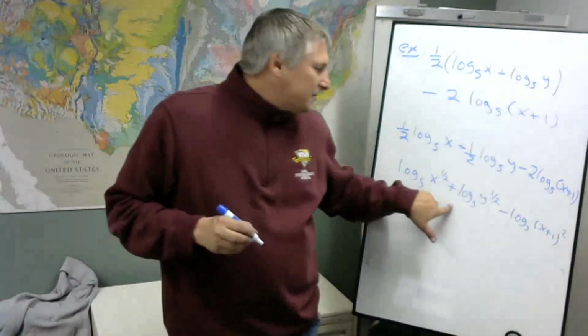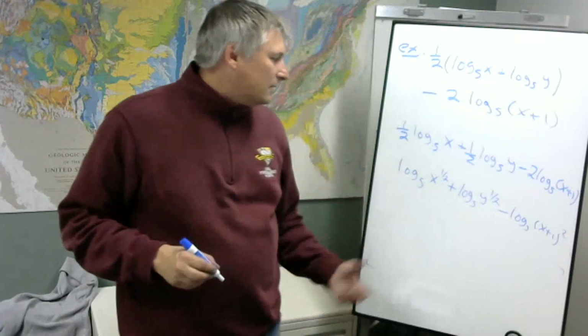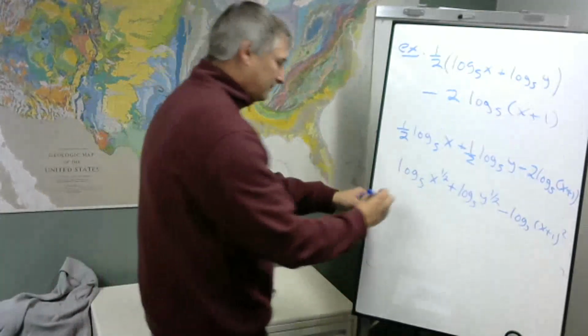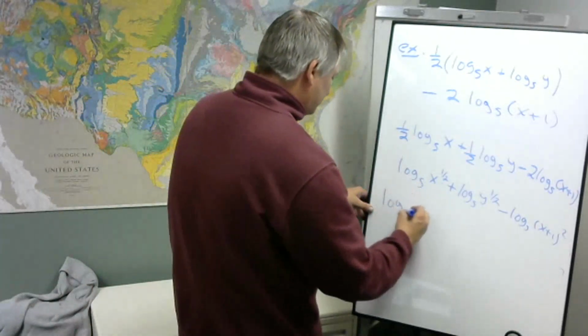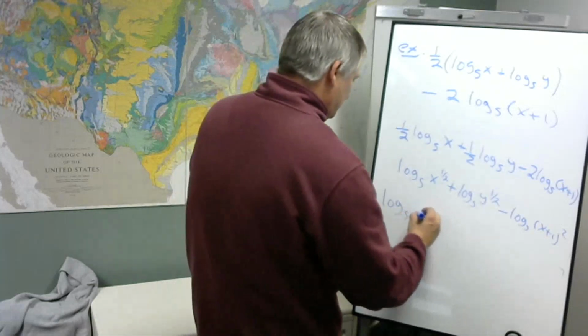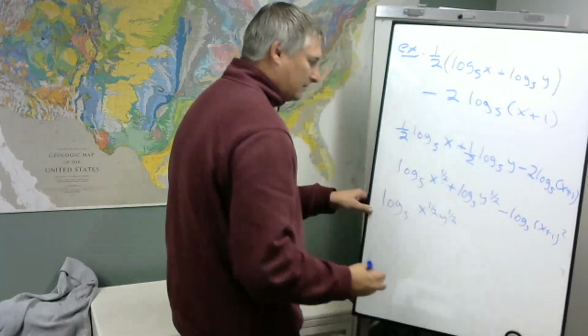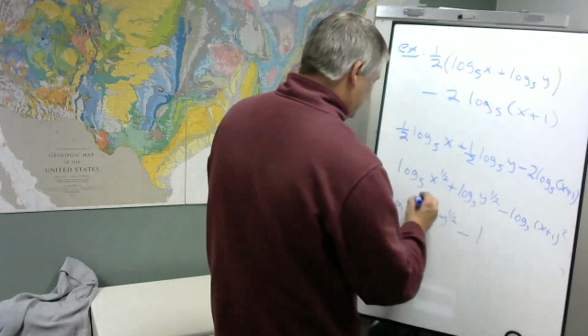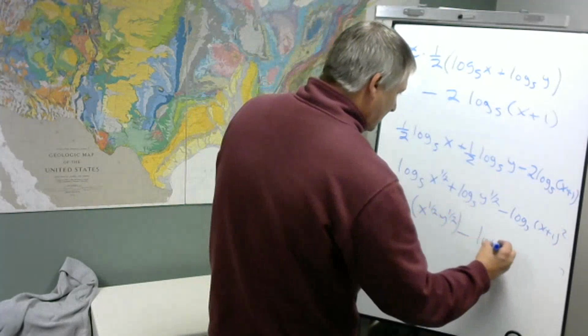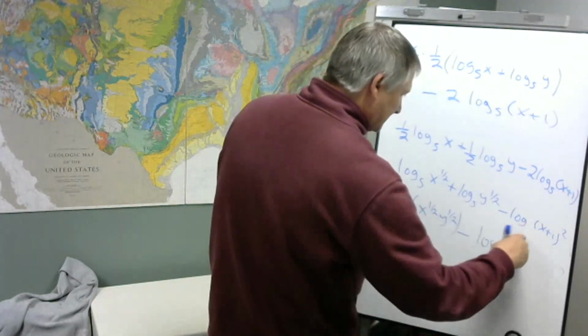Well, let's take care of this sum. With this sum, that means multiplication. So the log base 5 will now contain x to the 1/2, y to the 1/2, minus log base 5 of x plus 1 squared.